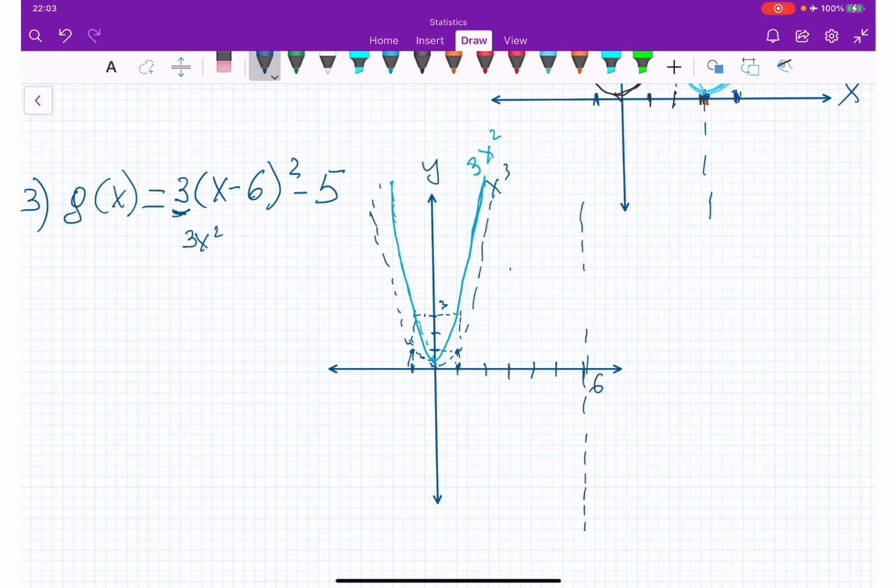Okay, and where is 3? Here it is, this 3, and here is plus 1, minus 1, these points. Which means the new graph is going to look like this. And now let me connect.